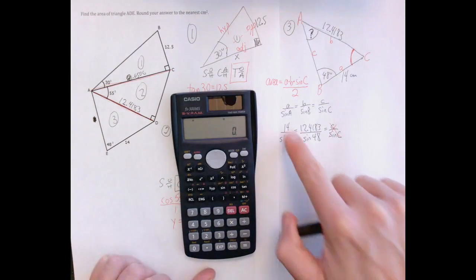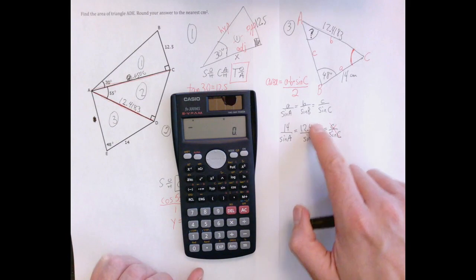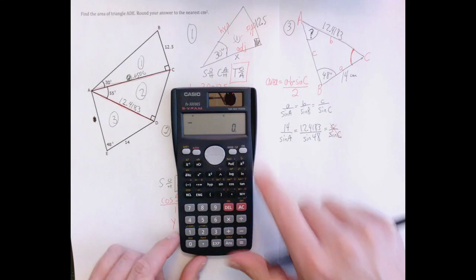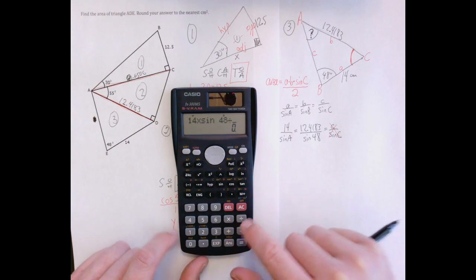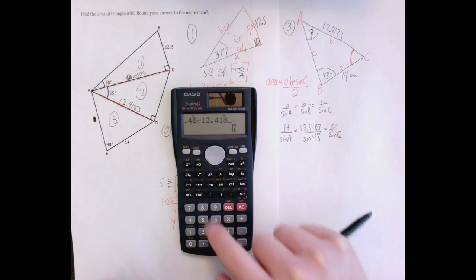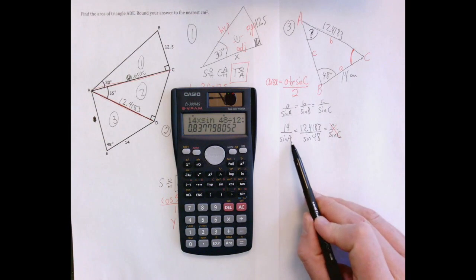Cross multiplying here, 14 times sin 48, because they're diagonal to each other, divided by 12.4183. 14 times sin 48 divided by 12.4183 gives me 0.837798052. That number is not important because what that gives me is the sin of angle A.